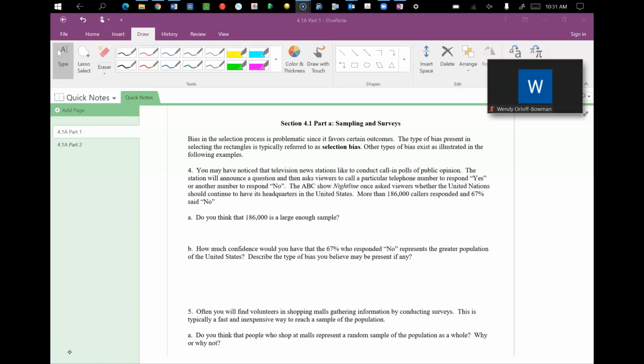And if they tend to have a particular view about the United Nations that is different than the rest of the population, then it could lead to an inaccurate result because of a selection bias.